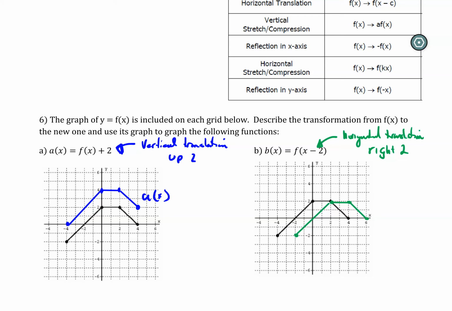When dealing with a compression, if this was like 3 times f of x, for example, you got to pay attention to where it's being multiplied. If it's being multiplied on the outside, then you're just going to have a vertical stretch, so you're going to increase this up or down in terms of it being stretched out.